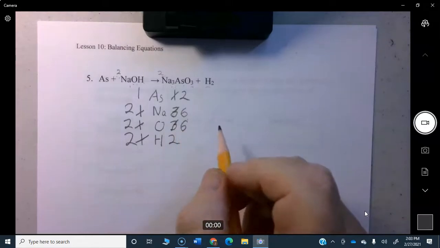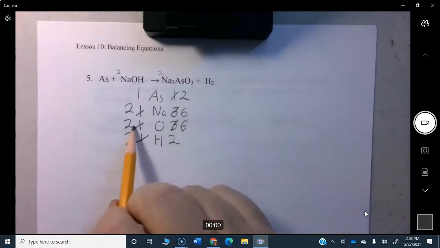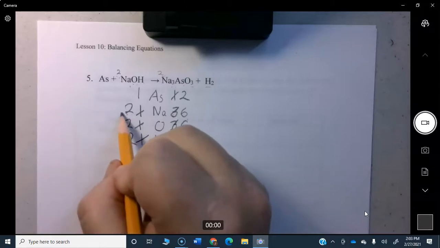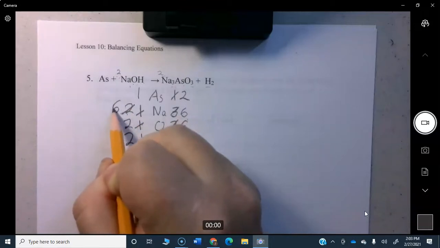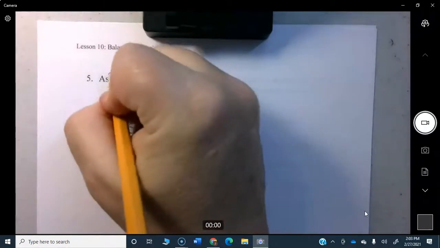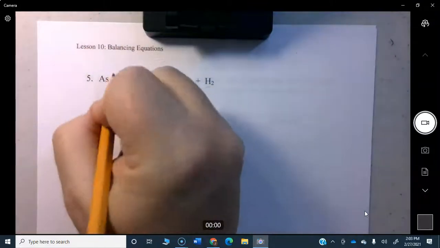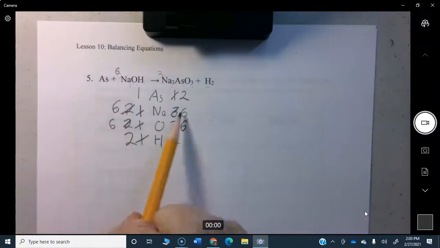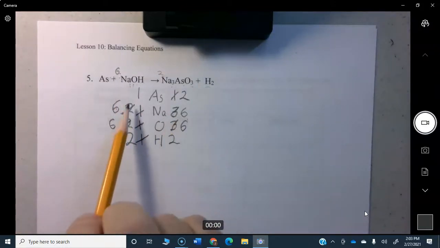All right. So now to get sodium and oxygen back in balance, let's start with sodium. Well, they're both going to be the same. You need to change this to a 6. So I'm going to change this to a 6 for sodium. Change this to a 6. So I have 6 sodium, sodium's in balance. 6 oxygen, oxygen's in balance.